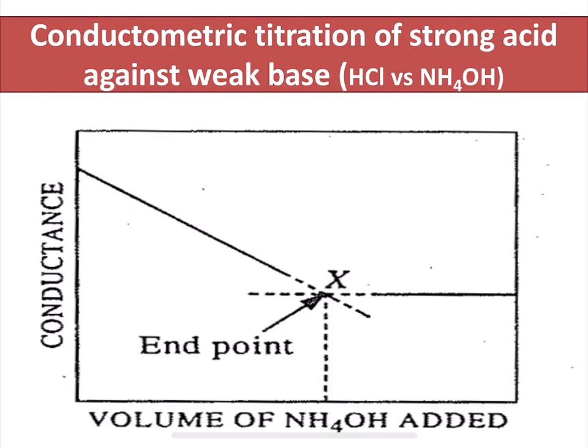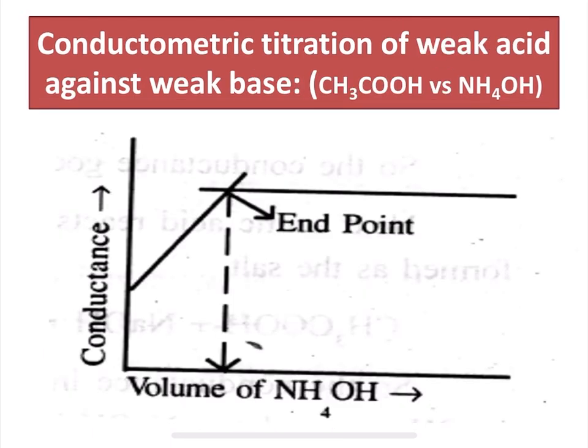So this is the third case which we are studying in conductometric titration, and the next, the fourth case, is conductometric titration of weak acid against weak base. To perform this titration I am taking acetic acid and ammonium hydroxide.